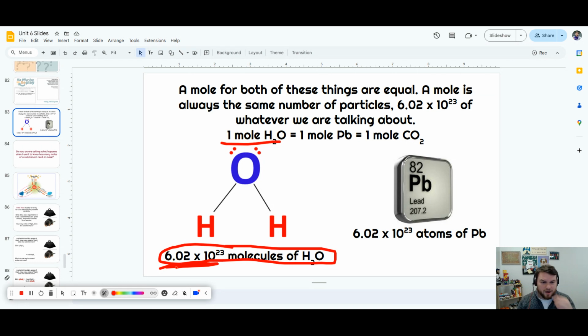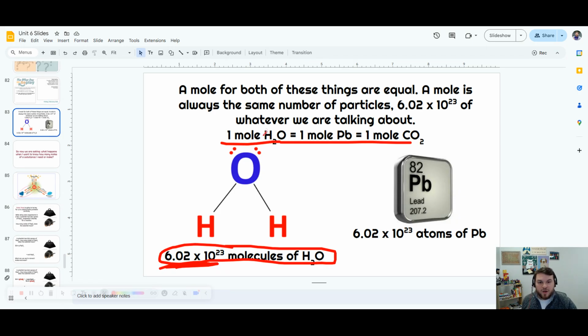The mole is there for us to easily conceptualize how much of a substance we have. The brilliant thing about it is that we can use it to relate substances to one another when we have a reaction.